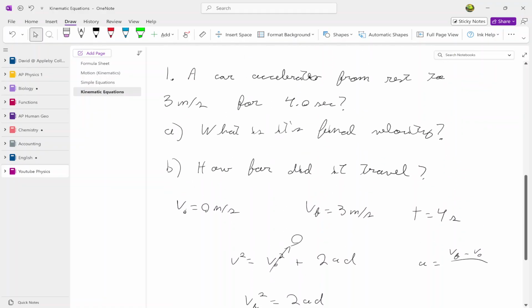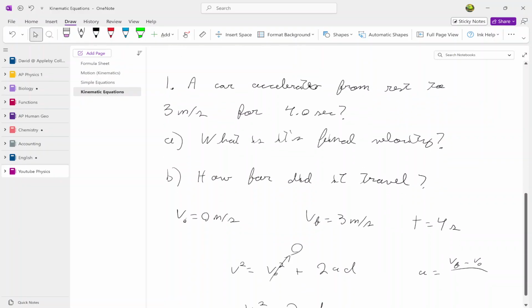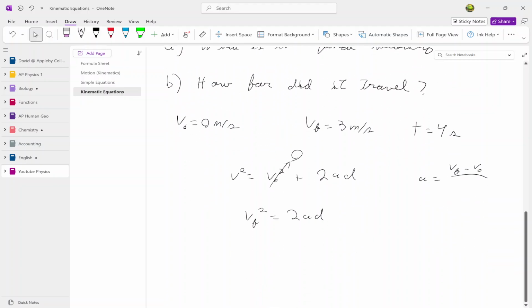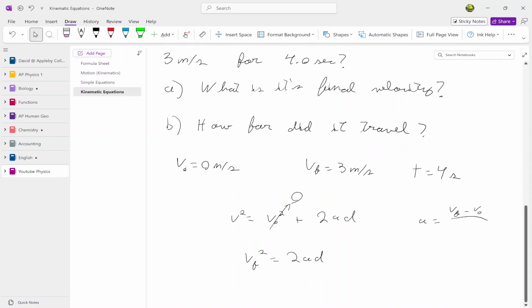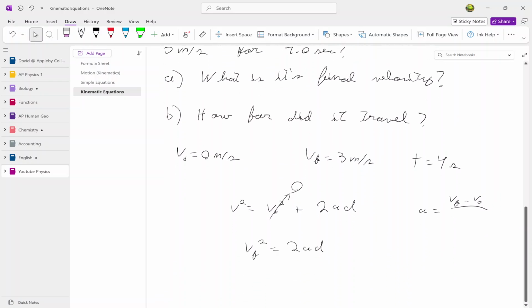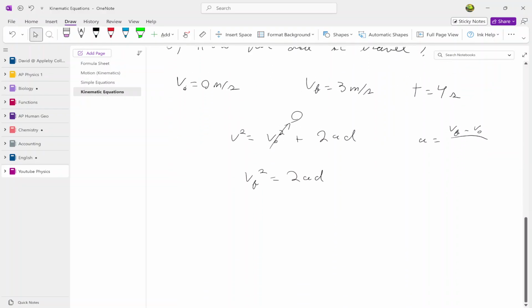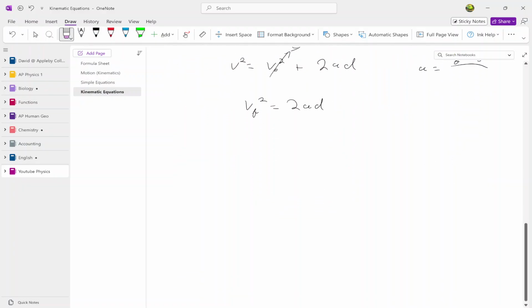Actually, no, we can't even use this one. No, we can't. Oh, what am I doing? I'm trying to find displacement here. Oh, yeah.